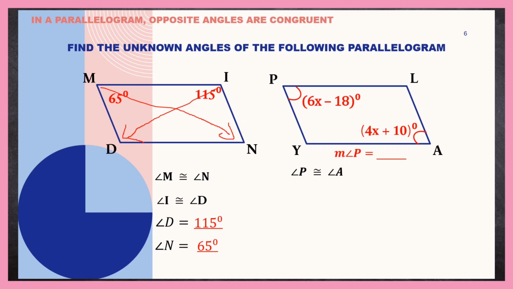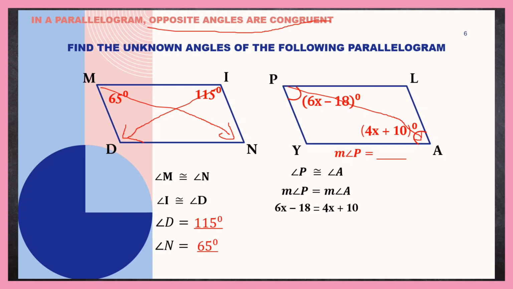Next, on the second figure, we have parallelogram PLAY. Again, using opposite angles are congruent, angle P is congruent to angle A. If they are congruent, it means their measurements are equal. So we have the measure of angle P is equal to the measure of angle A. Let us substitute 6x minus 18 and 4x plus 10.